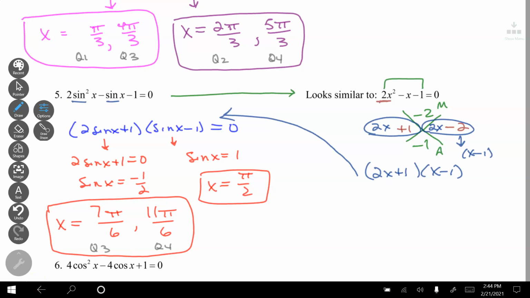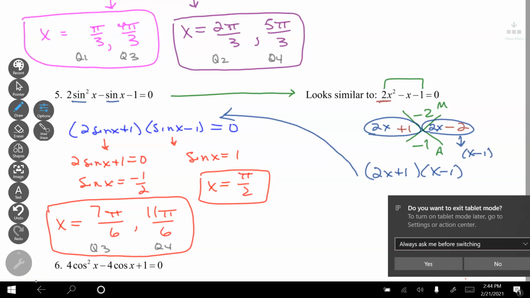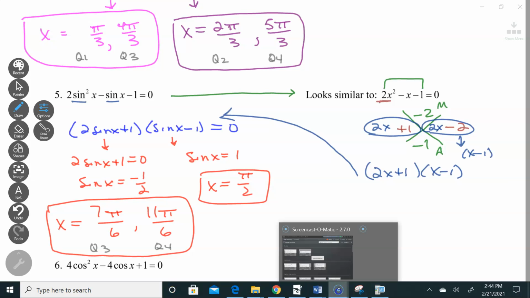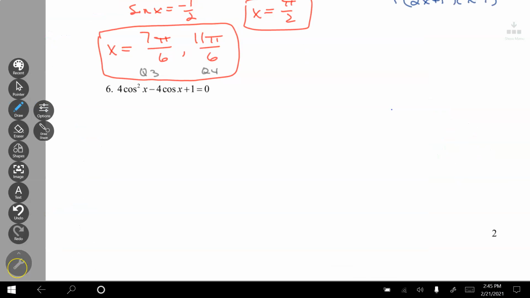Let's see what else I got. Let me see if I can go on. Put this up. I'm going to factor this one without making my little x, because I see 4 and a 1, so I'm going to guess 2 cosine x minus 1, 2 cosine x minus 1 is equal to 0, and I'm pretty sure I get 2 cosine squared plus 1 at the end, and I'm going to minus 4 in the middle.